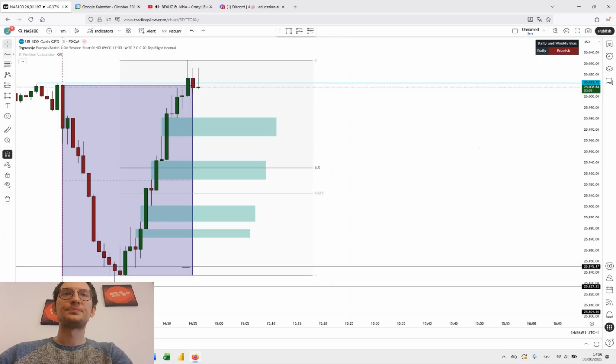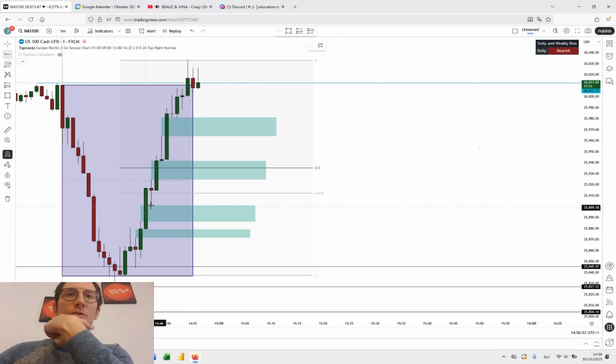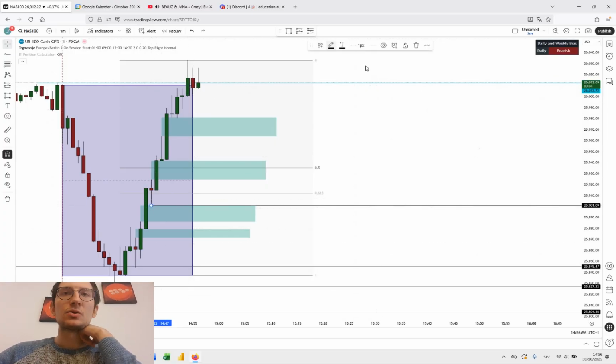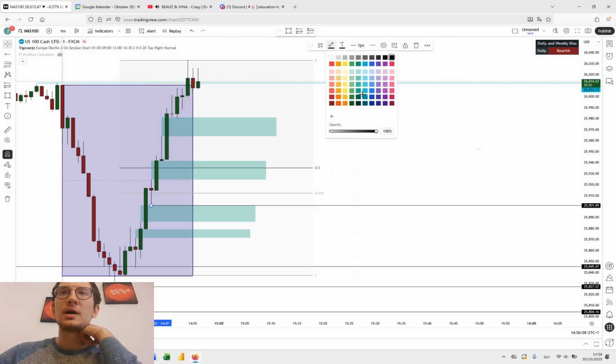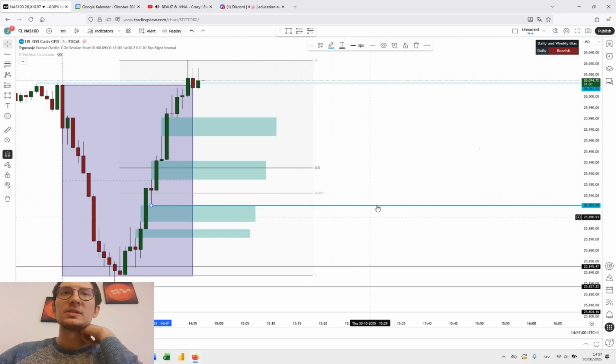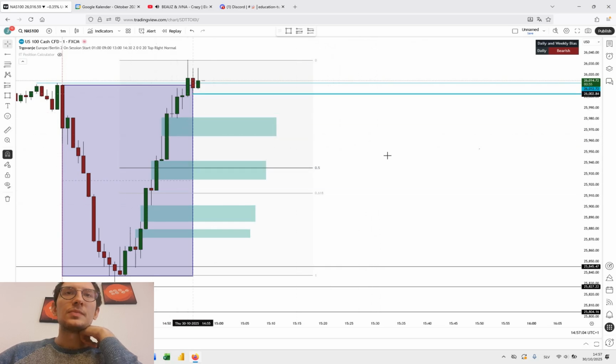That's the idea. Okay, I'm gonna take another color, I'm gonna draw another line, which is gonna be a blue line, but slightly higher, thicker, okay? Down, up. Okay, we are here.